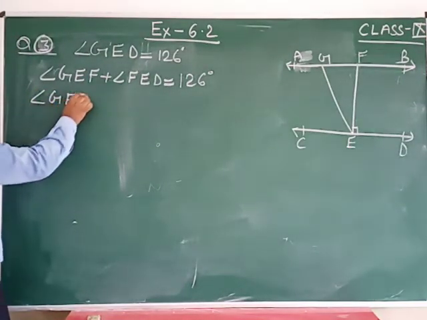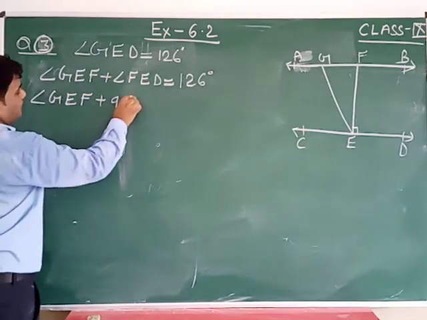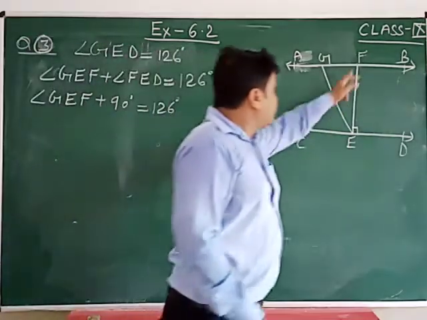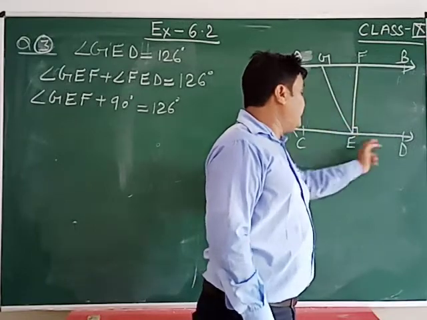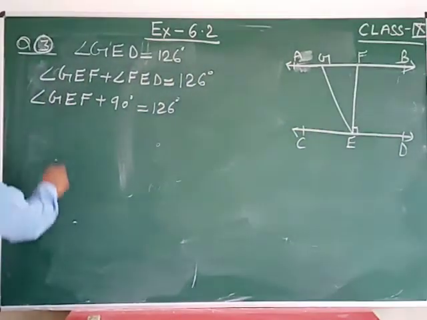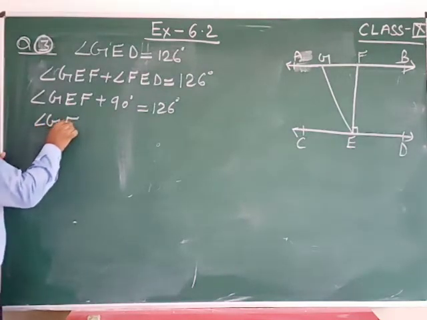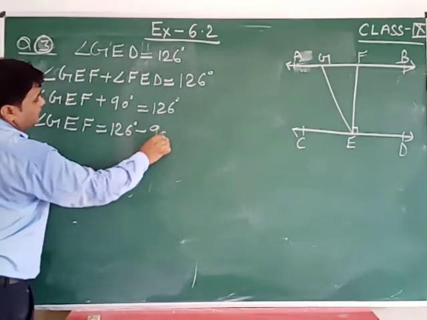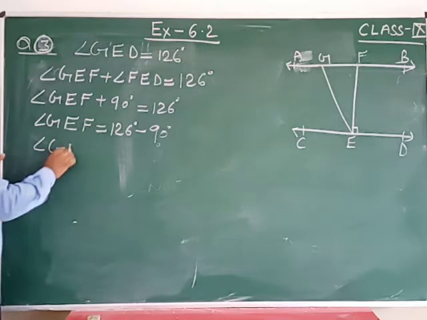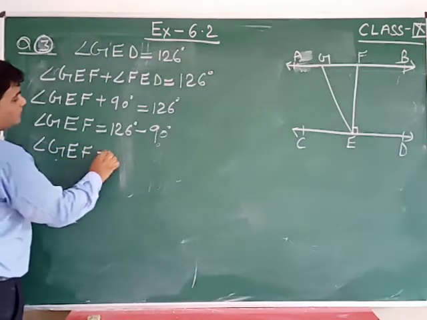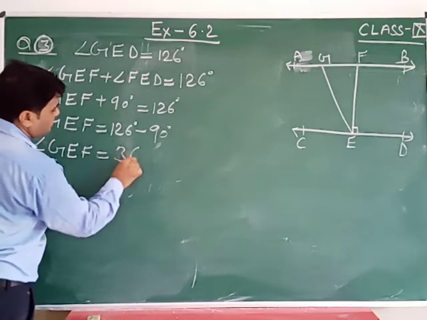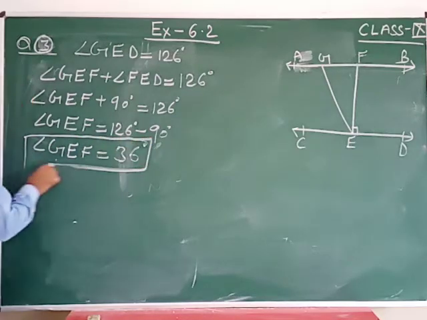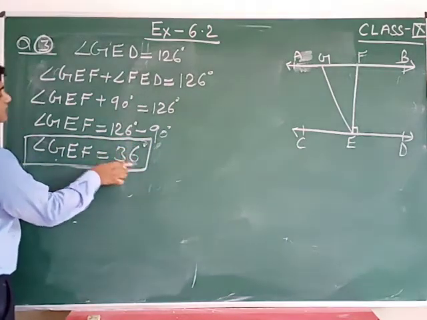Angle GEF plus 90 degrees equals 126. So GEF equals 126 degrees minus 90 degrees, which is 36 degrees. So GEF is 36 degrees.